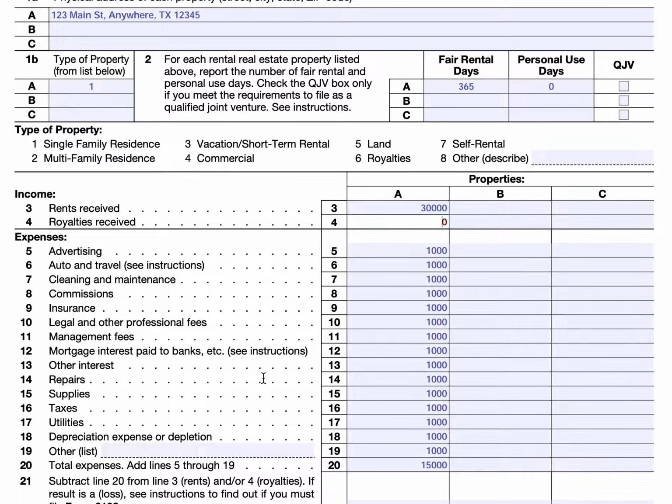So in line 6, you can deduct ordinary and necessary auto and travel expenses, and you have several ways of being able to calculate them. When it comes to travel, you can use any legitimate travel expenses.